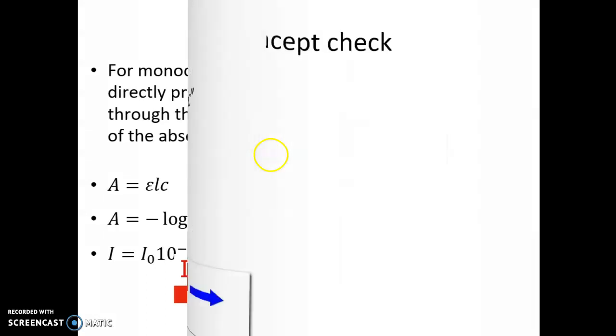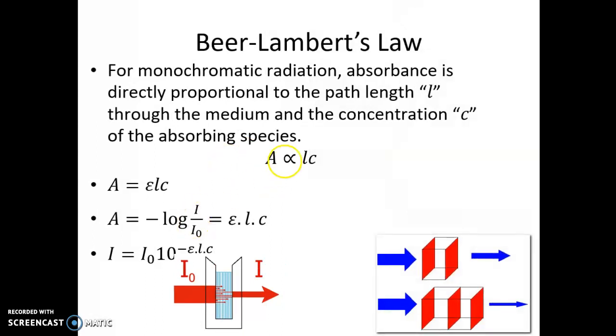So that's the other one that affects the intensity. So according to this, if we're measuring the light absorbed, the intensity will increase with concentration. The intensity will also increase with the path length.